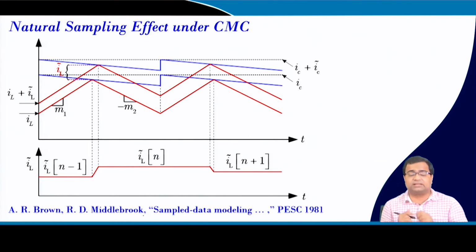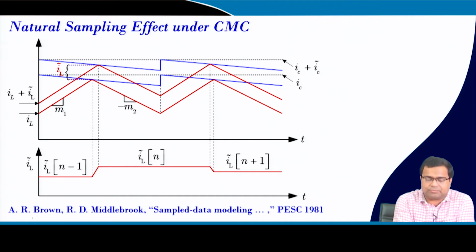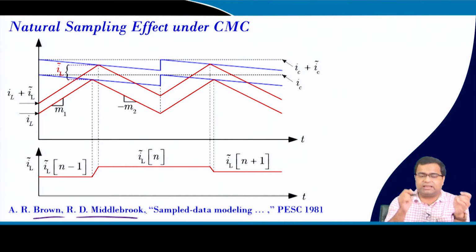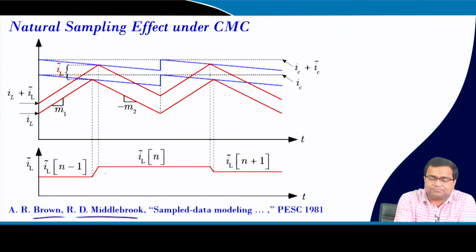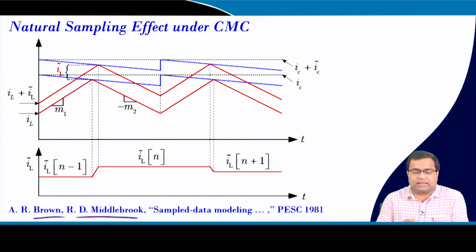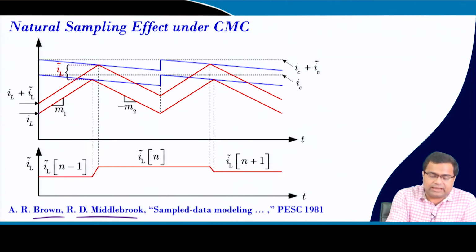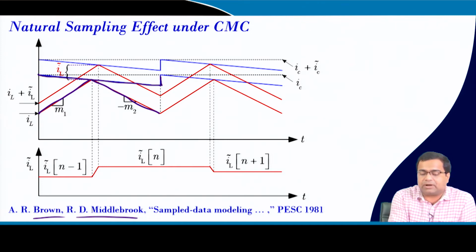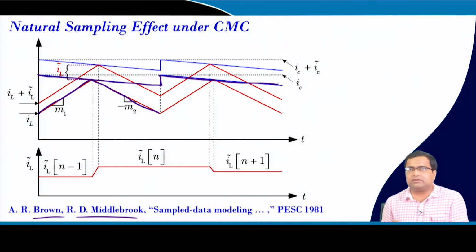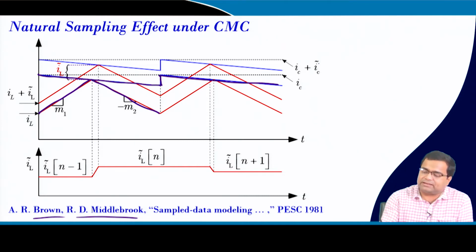Another thing, the natural sampling effect, where in the Brown and Middlebrook thesis, it was reported that if you take any perturbation in the inductor current, that means if you consider a nominal inductor current, and this is my nominal current reference minus the ramp slope that we have discussed, which will be compared to the inductor current. Now, the current reference is perturbed, so it is shifted up.